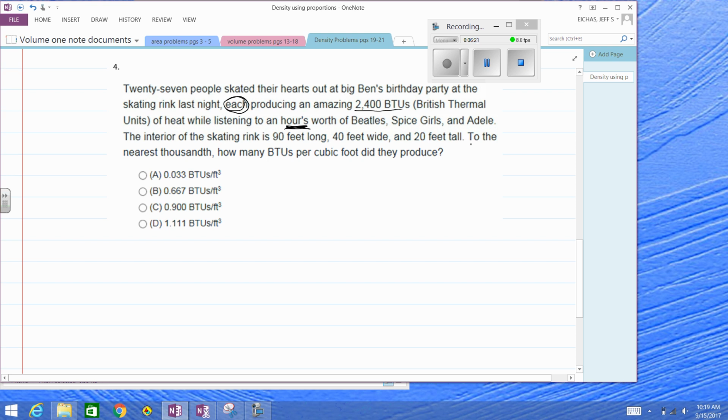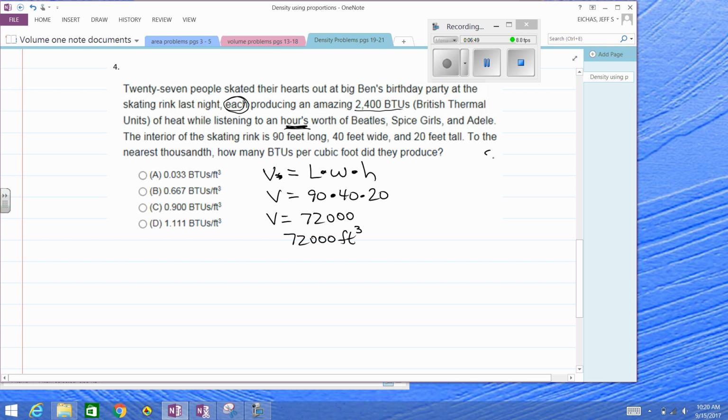They didn't say that, but let's assume it is. So the first thing I'm going to do is get the volume. And assuming it's a rectangular prism, you can use this formula. So 90, 40, 20. What do we got there? It's probably 72,000. And that's going to be cubic feet. So 72,000 cubic feet of space.